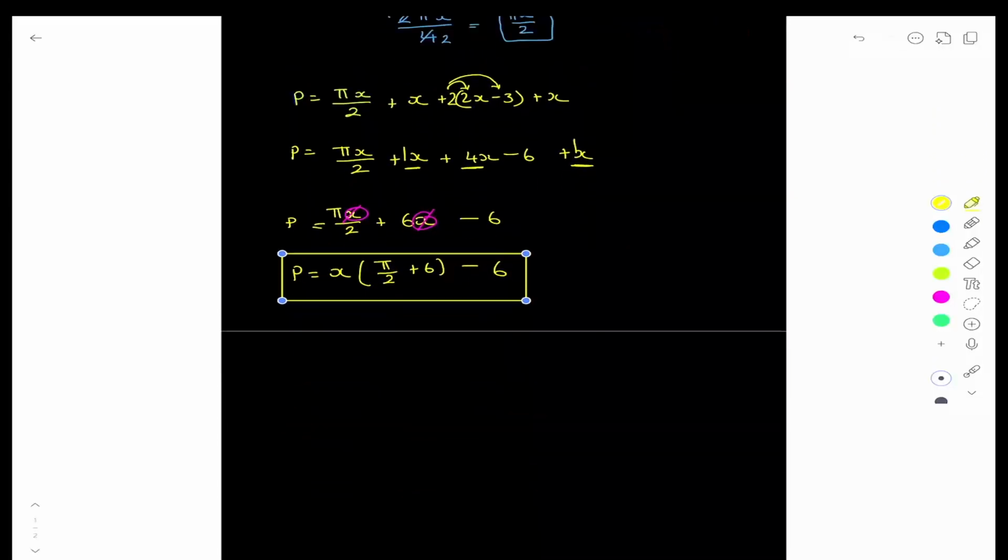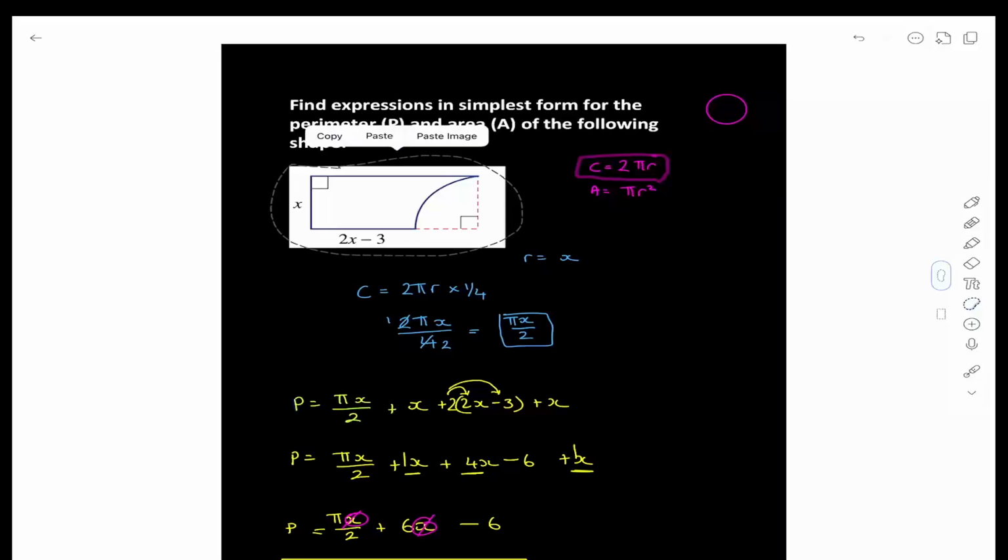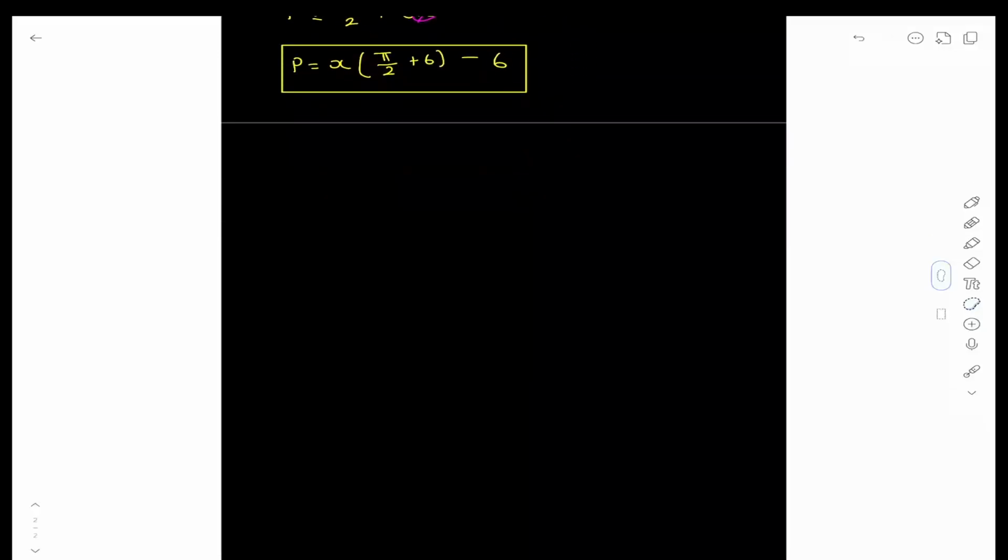Okay, so let me just get rid of all my annotations, and then I will just copy and paste this picture below. So we have another copy that we could freely annotate and it doesn't get confusing.